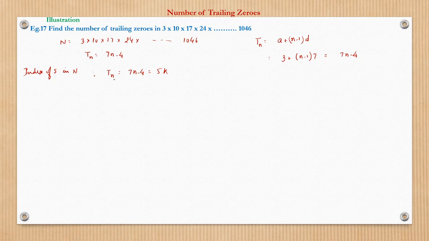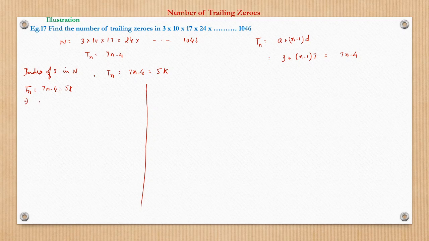If any term of the AP series is of the form 5k, then that term will give me at least one 5. So let us find how many terms there are. So we will equate this. First, Tn is equal to 7n minus 4 is equal to 5k.